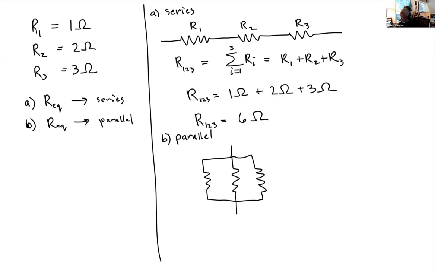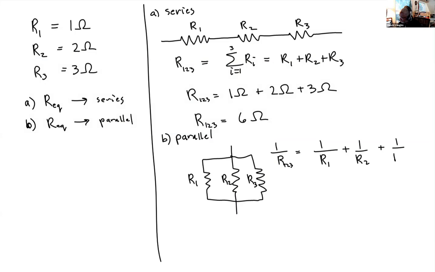Well, now let's take these three resistors and let's wire them in parallel. So here's my diagram. I'll just call this resistor R1, this one R2, this one R3. And I know that for resistors wired in parallel, the reciprocal of the equivalent resistor is equal to the sum of the reciprocals of the individual resistors.